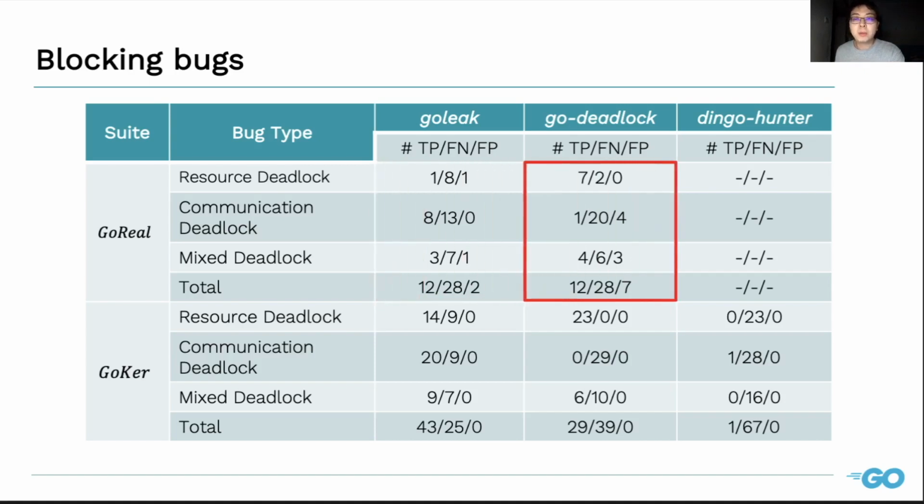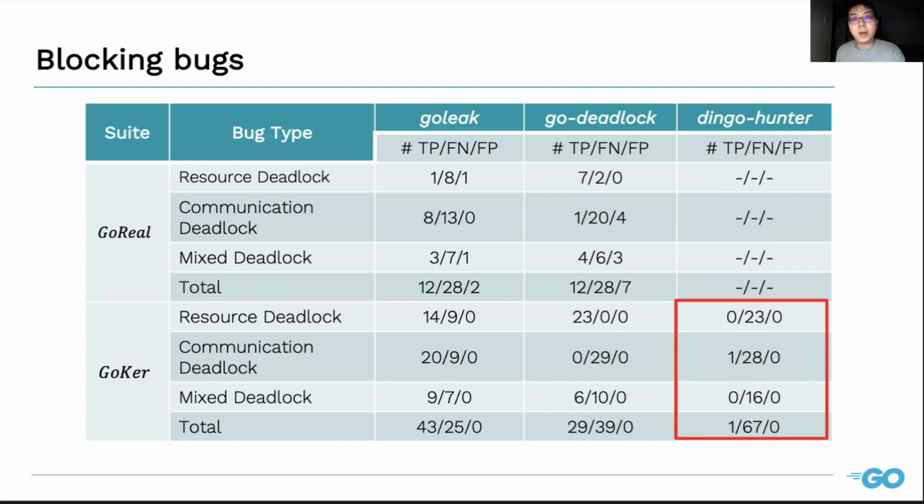The incorrect reports of GoDeadlock mainly come from design flaws. GoDeadlock reports every inconsistent lock pair, but fails to check whether they are protected by other custom serializations. The false negatives of GoDeadlock mainly come from the inability to detect communication deadlock.